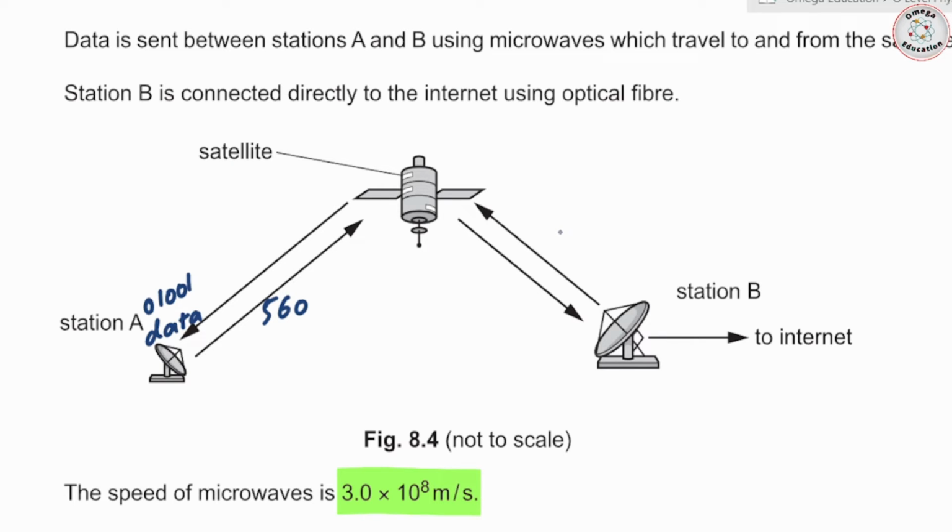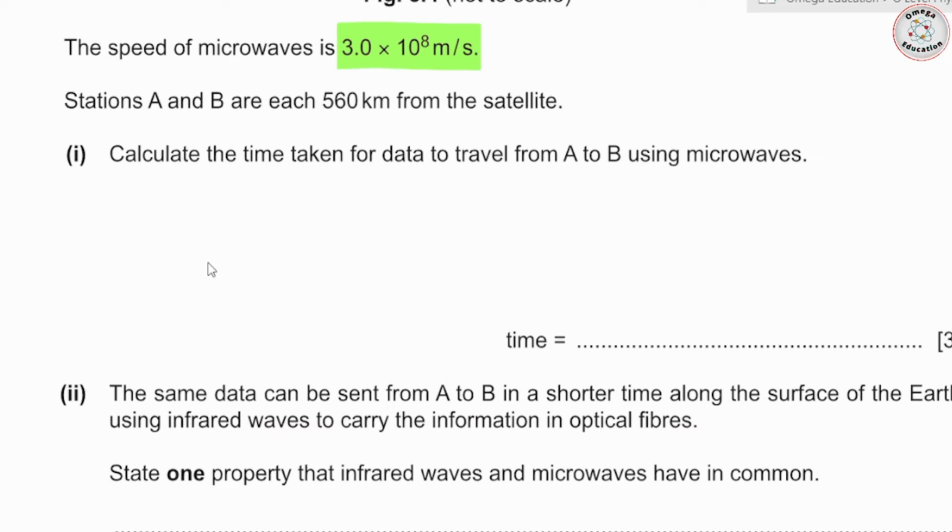Now we write down the formula that relates speed, distance, and time. And that formula is speed equals distance over time. All right, this is the formula for speed.